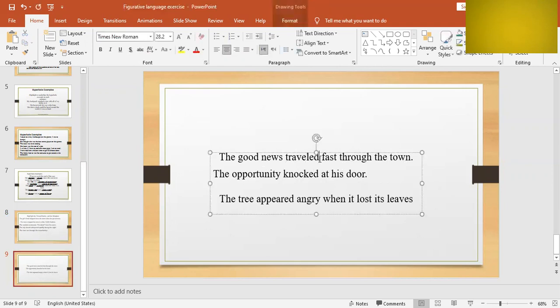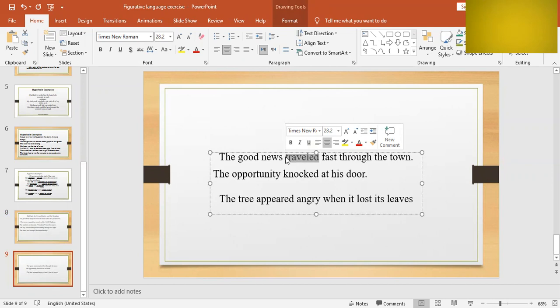Now, only people travel. So these are the characteristics of a human being or of a living thing which are added to the news, made it like people. So it is a metaphor and personification, which means the news spread very, very fast. Everybody knows about the good news.